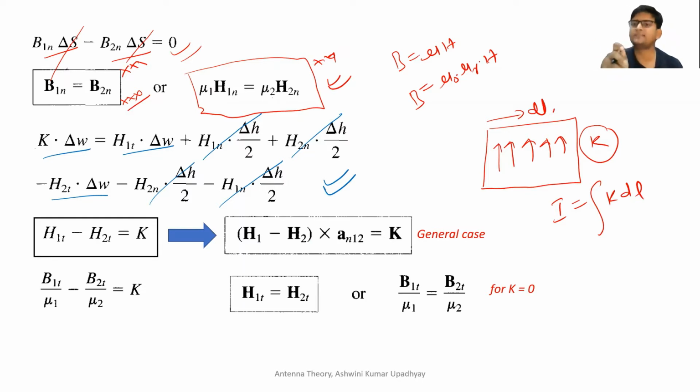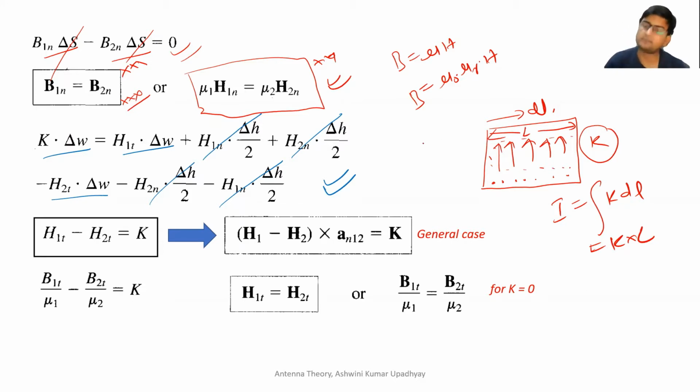In the case of charges, they will be like points distributed over all the surface. But current is not a point. Current is a kind of line which is flowing on the surface. So if the total length of this particular sheet is L, then the total current I will be equal to K into L. It will not be like you multiply the surface area with K.